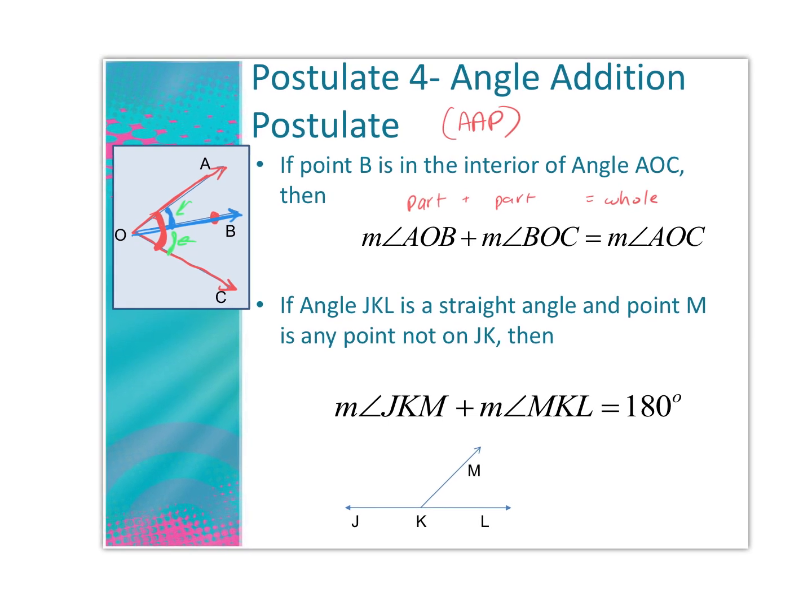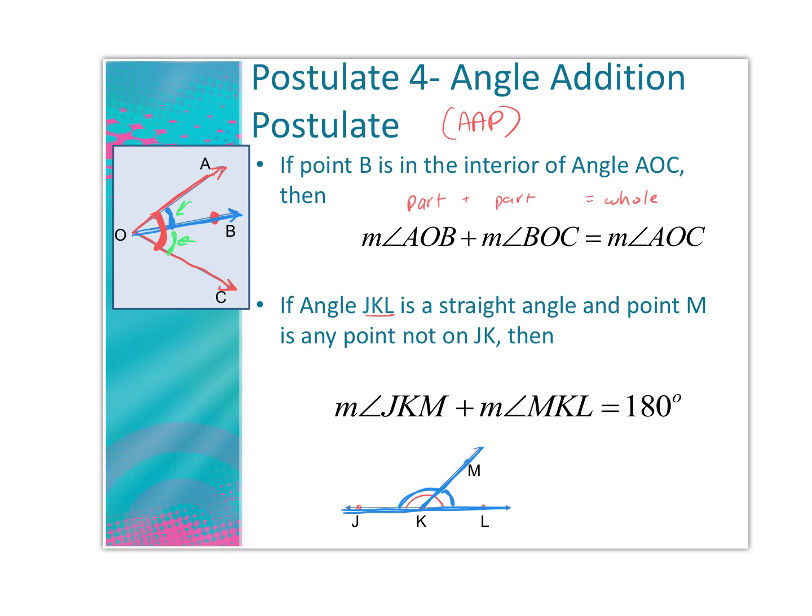So what would happen if the original angle, instead of AOC here being like an acute angle, what if the original angle that we're talking about happens to be a straight angle, like JKL? Notice this is like here, here, and here. This is 180 degrees, right? We know that. So if I take a point M here, if I draw this ray and I split JKL, that straight angle, into two angles, notice now I have a larger blue angle and a little blue angle, right?